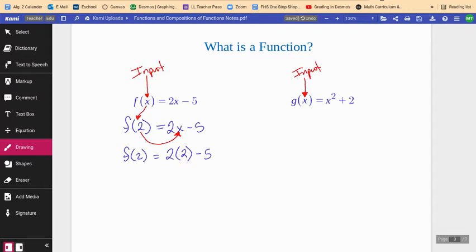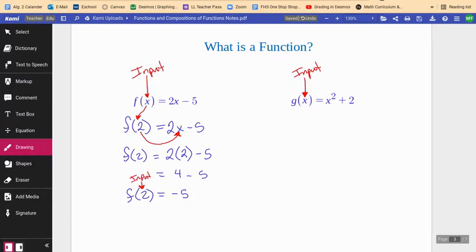Okay, and then simply from here, I just work this problem out. 2 times 2 is 4, and 4 minus 5 is negative 1. So f of 2 has a value of negative 1. And then once again, we have to understand that 2 is our input.